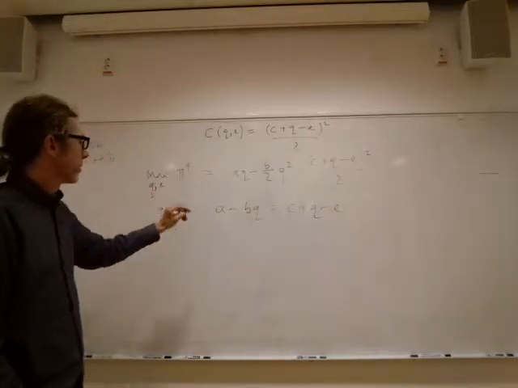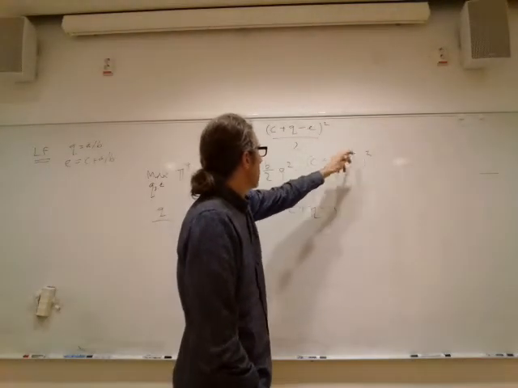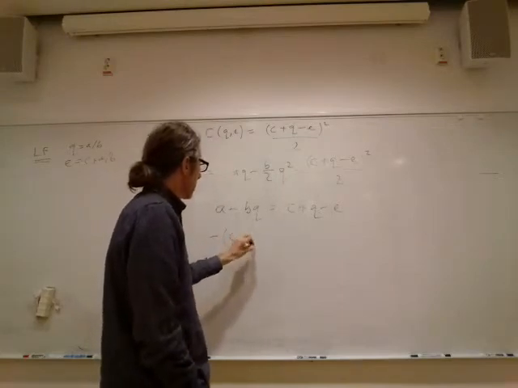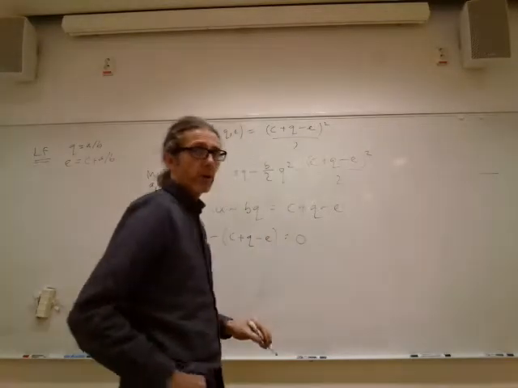And the first order condition with respect to E gives us 2 minus C plus Q minus E equals naught.